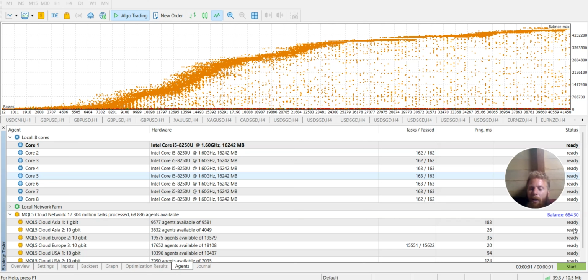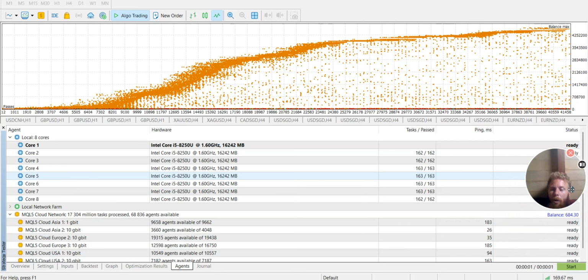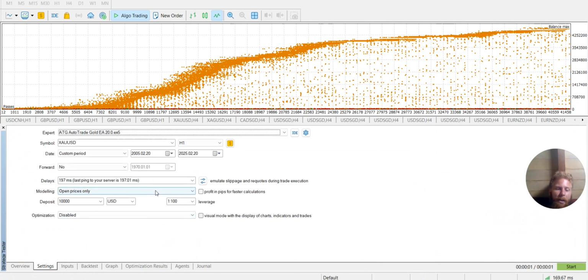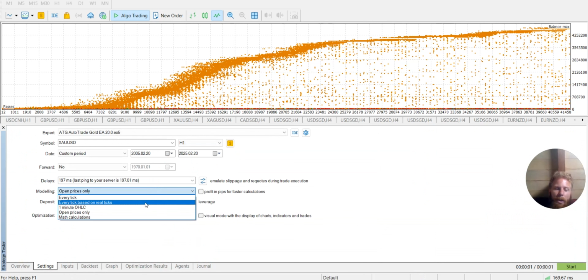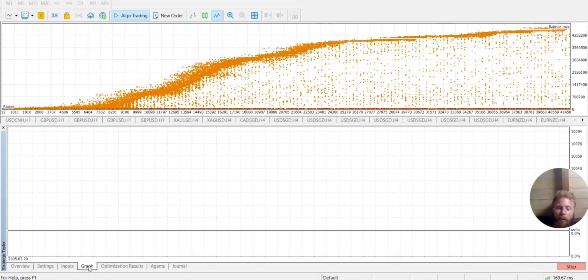I am waiting now, so we are going to get the final number, what it costs to do the optimization. And until then, I had an idea: let's do a test with every tick based on real ticks, because for one, it's the same as every tick with my EAs since I coded them that way. For two, it takes a long time, so I only do that when I am publishing new updates for my official EAs.